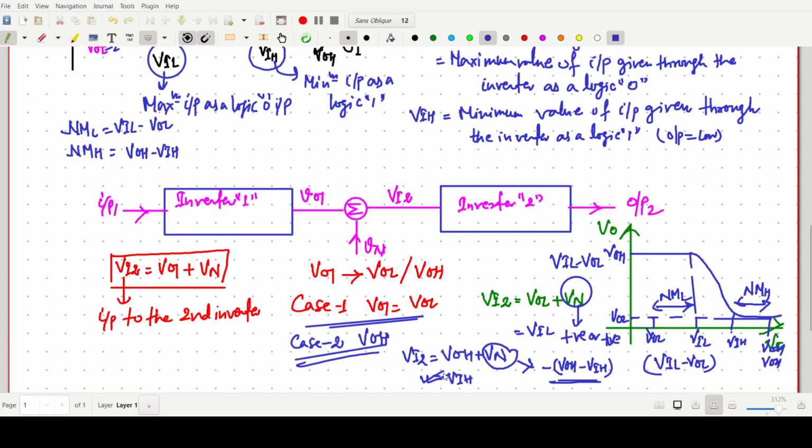We have to maintain VIH and VIL. So the noise value will be VIL minus VOL, and for VOH it is negative, because VIH will be cancelled out. This is all about the concept.